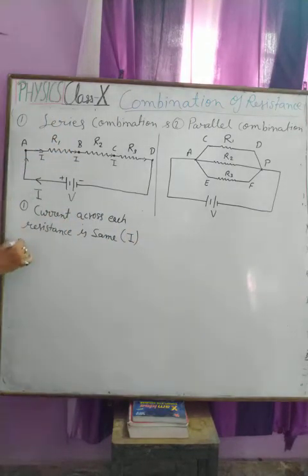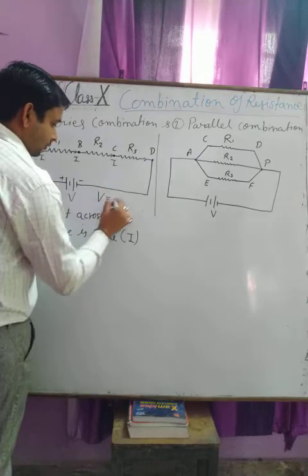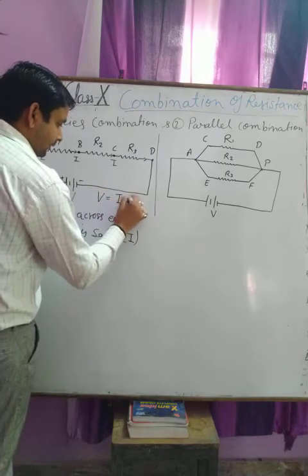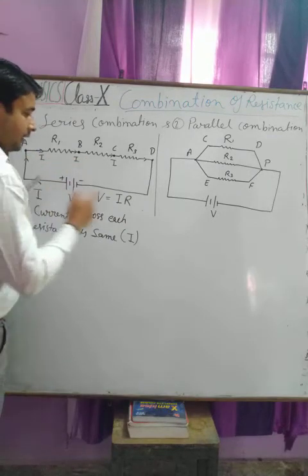Now the second case is, if the current is the same, then how much potential reaches each resistor? So we have the result: potential V is equal to I R. Is it clear? Current is the same but the values of resistors are different.